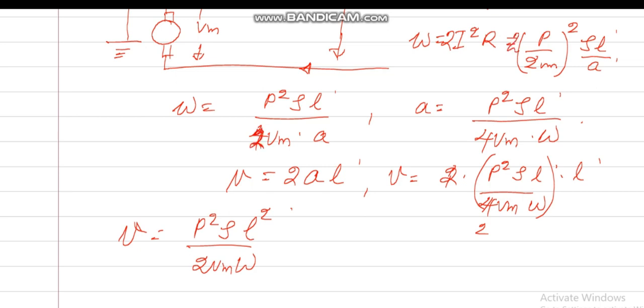Okay, 2 will cancel with 2, kwa hiyo tunapata V equals to P squared resistivity rho times L squared over Vm squared times W.